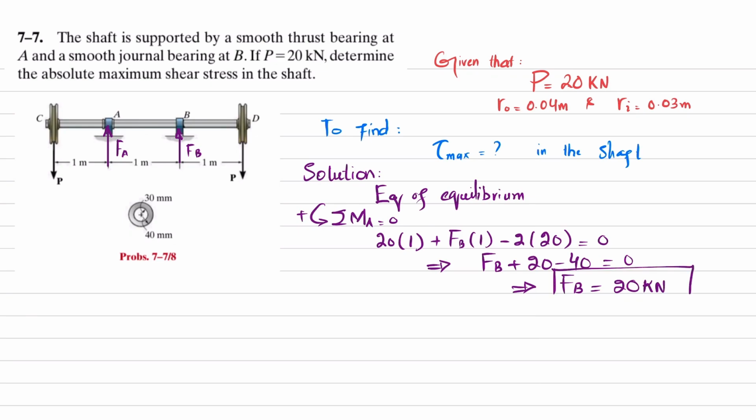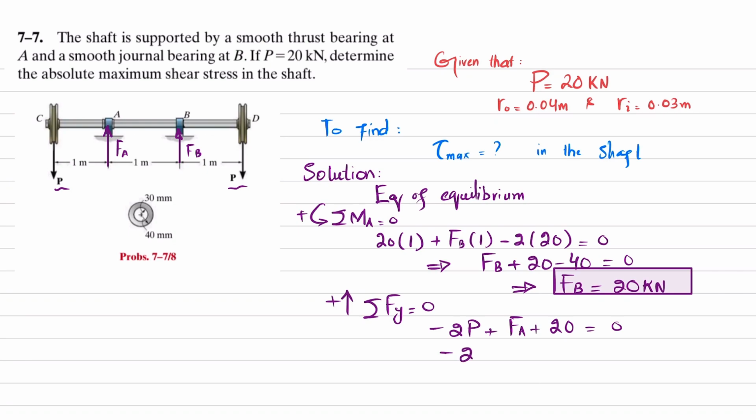Now that you have FB, you can find FA as well by using sum of all forces along the y direction equal to 0, taking the upward force as positive. So minus P, which is minus 2P, plus FA plus FB, which is 20 kilonewton, is equal to 0.